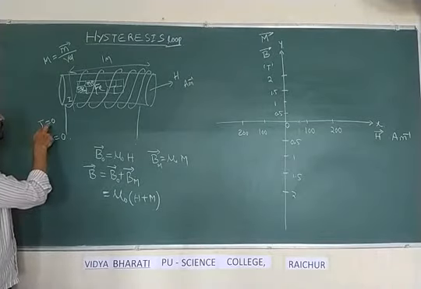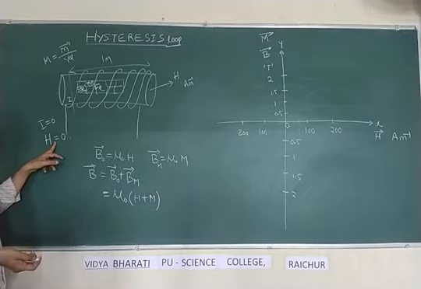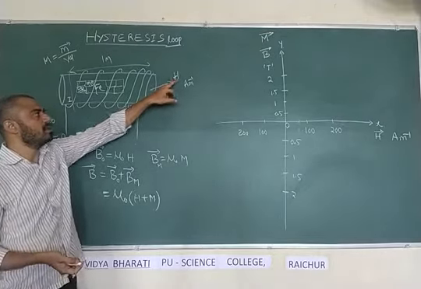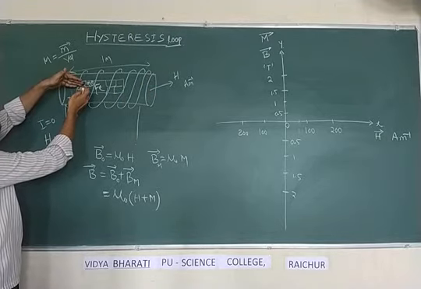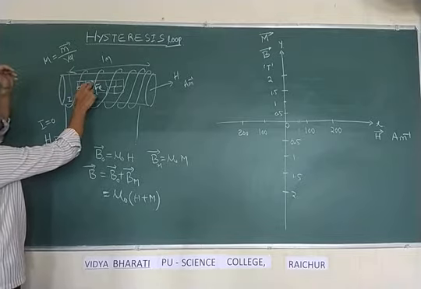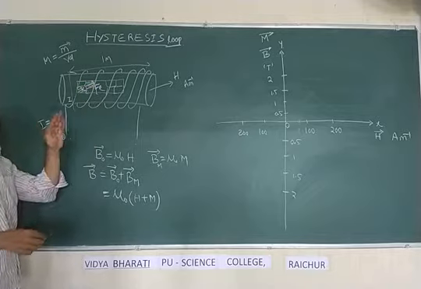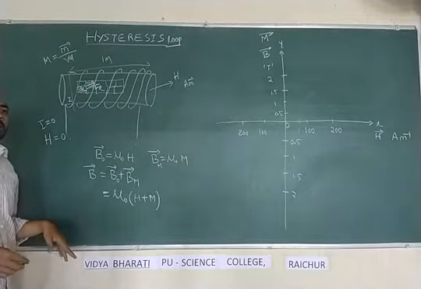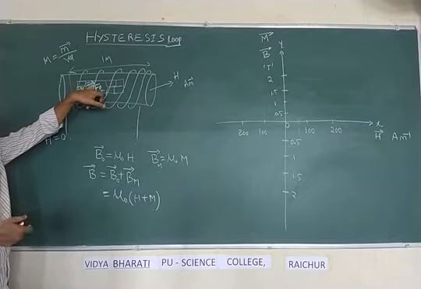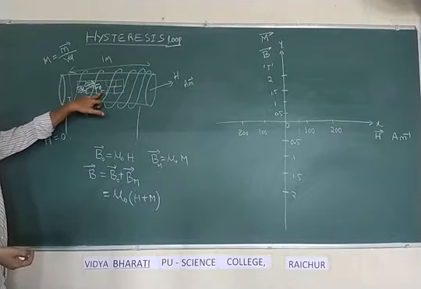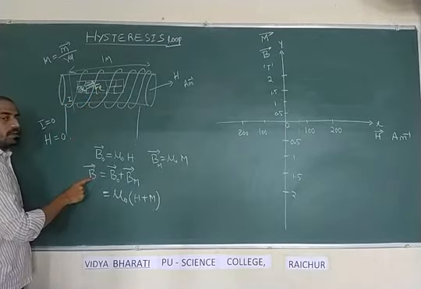Now gradually when you increase the current, this H also increases. As this H, the magnetizing field intensity, is increased, the molecules of the iron, the ferromagnetic material, also start to orient in one particular direction. Slowly, gradually, they all start to orient in one particular direction. It means now the iron is getting magnetized. Slowly it becomes a magnet. It means when you increase the H value, B also increases.